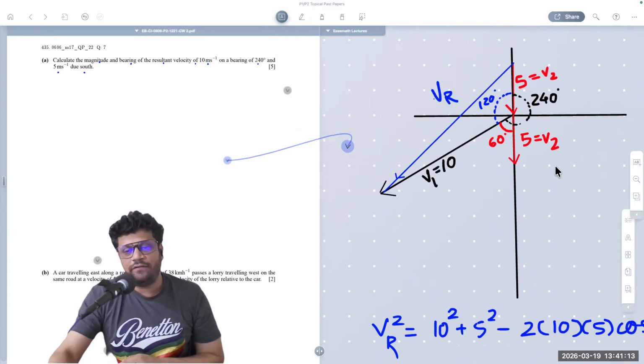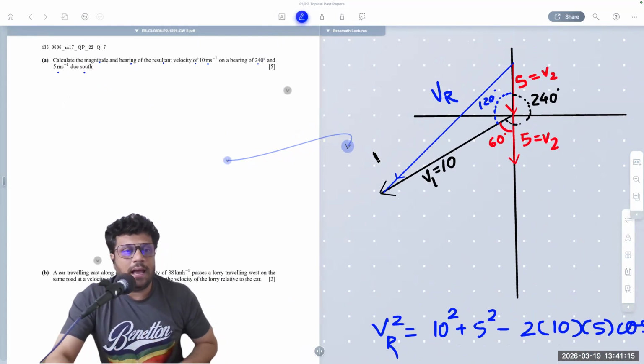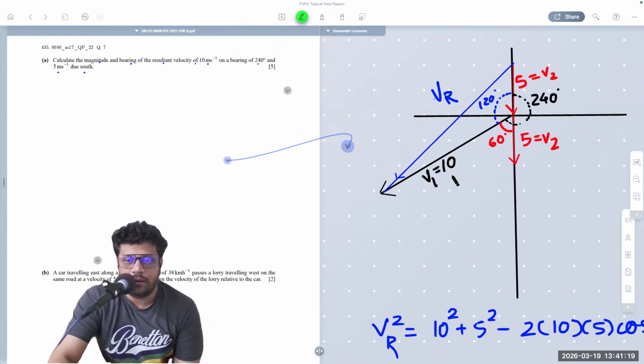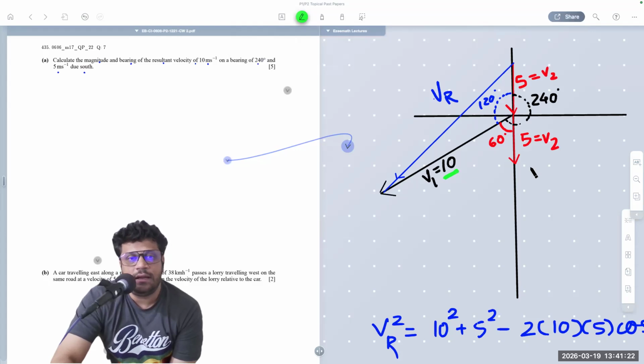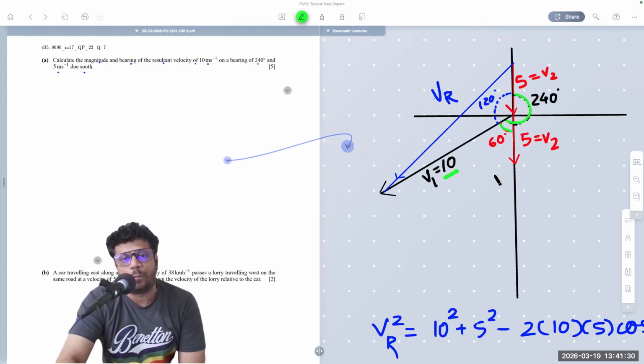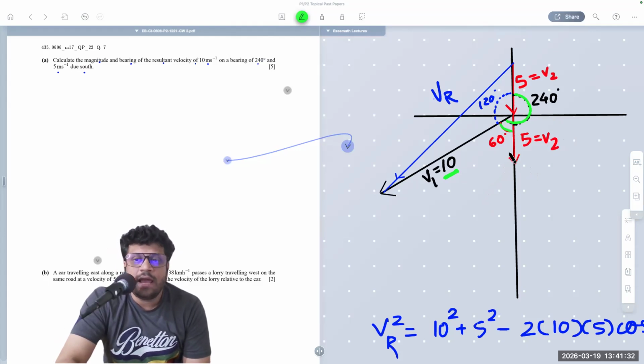So now you have velocity of 10 at a bearing of 240. So this is 240, which means this is 60. And then there is 5 meter per second due south.